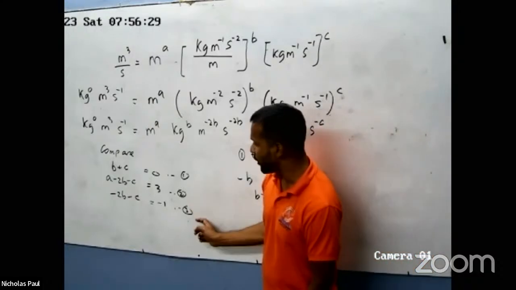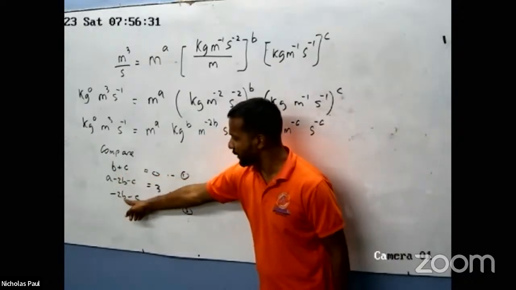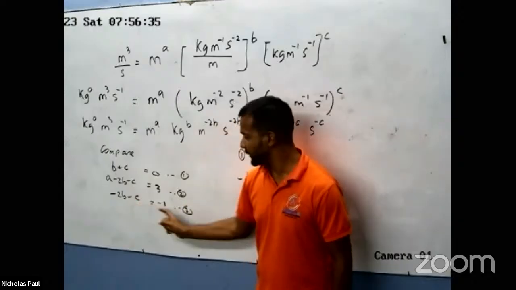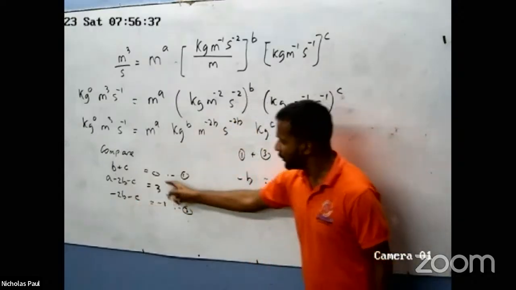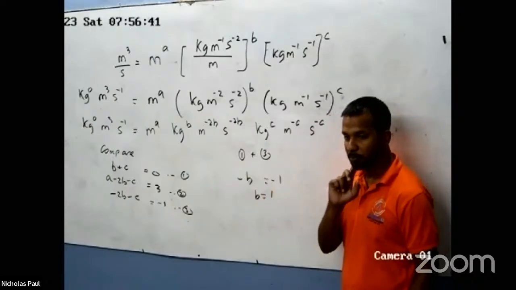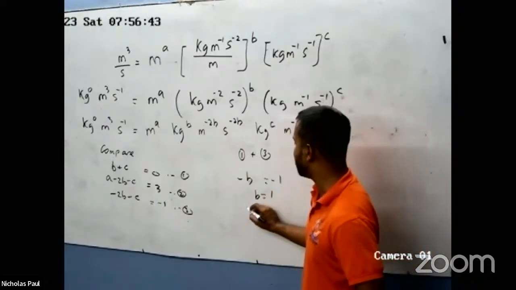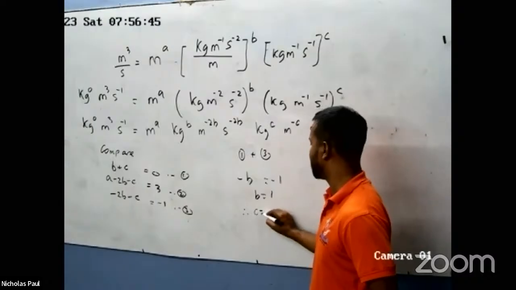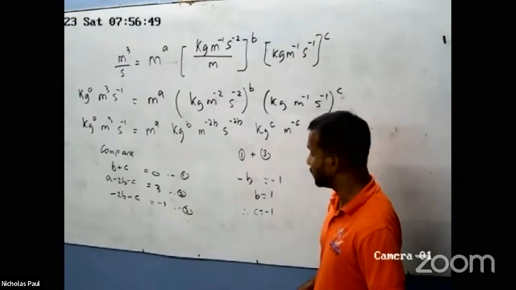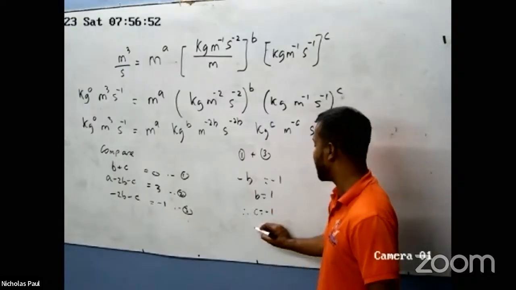Right? And if b is 1, it means that c is negative 1. Correct? So now I have to go and find a.